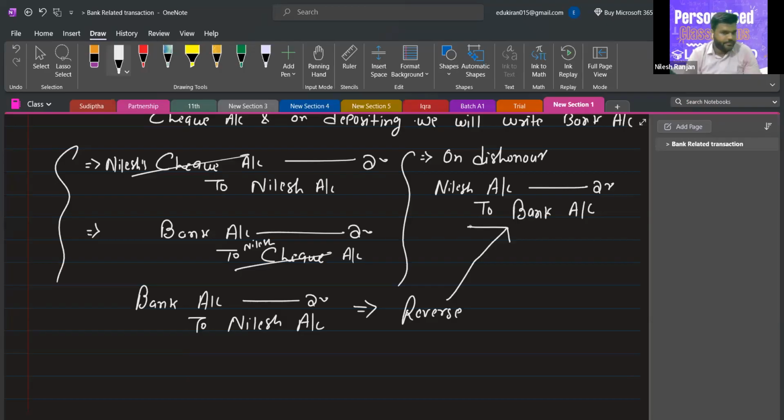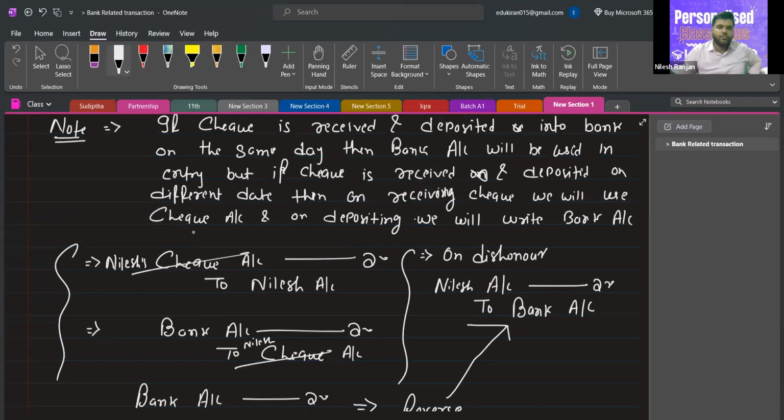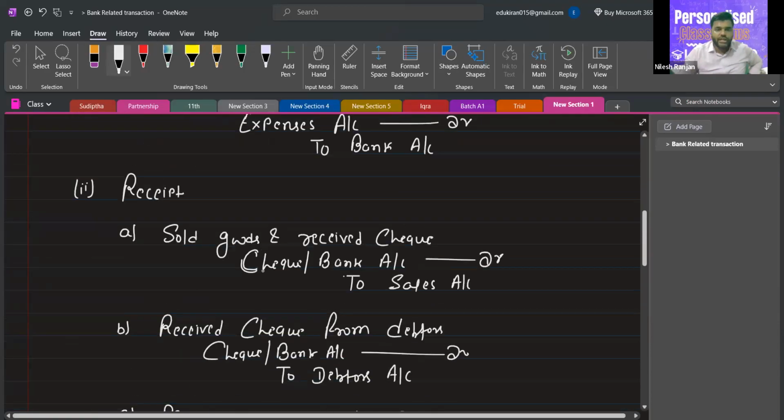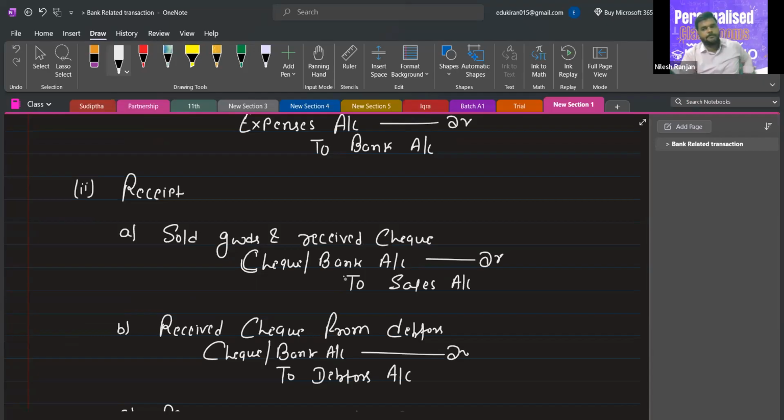Is this clear? Yes, sir. So now you understand when we have to use check account or when we have to use bank account. When we receive a check and deposit it on the same day, then we will write bank account. Otherwise, we will write check account.